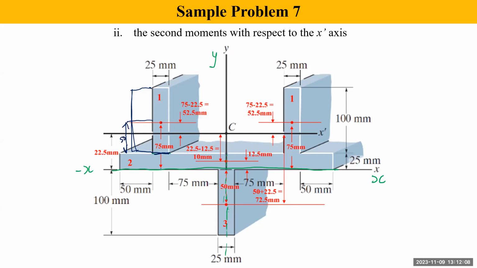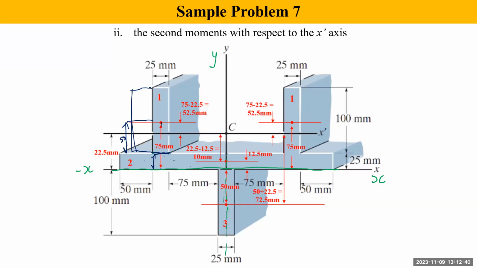Then from here down to the x-axis is also 25. So it's 50 plus 25, and that gives you 75. So that's how we get the 75 right here. And likewise, the same thing over here, as they are symmetrical.